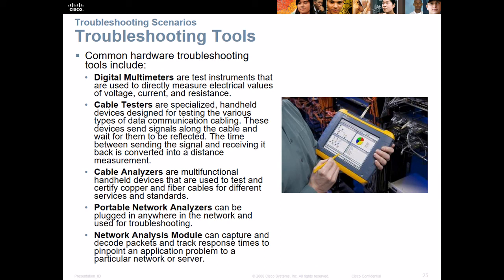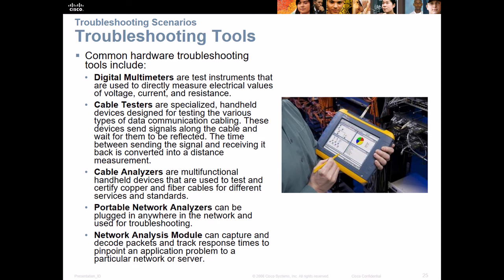if you have physical connections, you can use any of the hardware devices. You can use digital multimeters to test instruments to see if they have enough voltage, or if the electricity is down, if there's a blackout, or if a device is burned out.